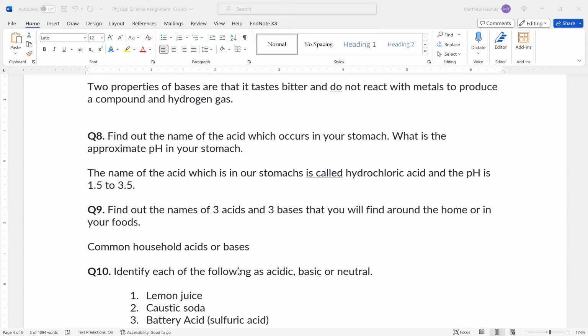All right, there we go. Lemonade, soda, very good. Bases: shampoo, baking soda, and soap. Yep, good. Those are all reasonable.